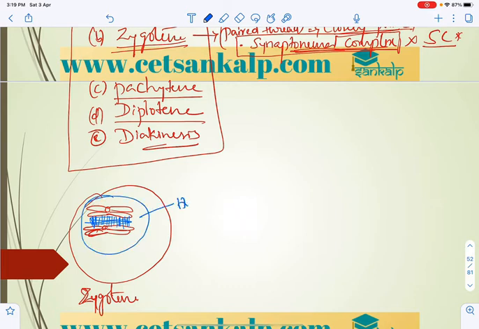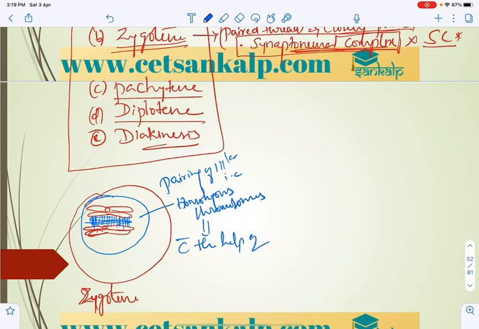In zygotene, synapsis occurs, right? So pairing of similar, that is homologous, chromosomes with the help of the synaptonemal complex.